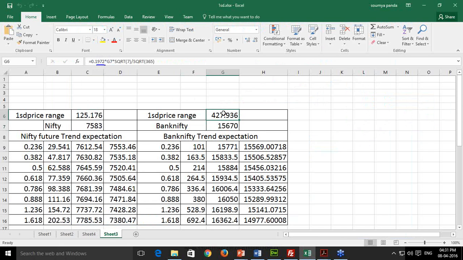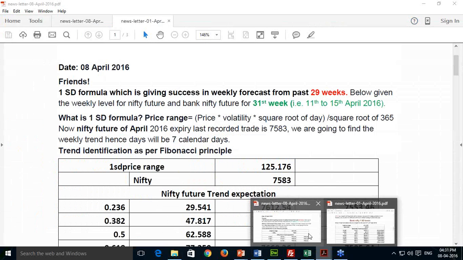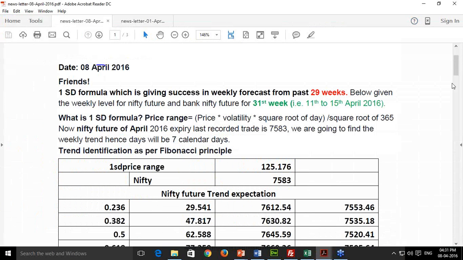Based on this estimation of volatility, and the last traded price of Nifty future being 7583 and Bank Nifty future 15,670, I am going to give you the report for the next week. On 8th April, today, we are releasing this report, and it is valid for 11th to 15th April.